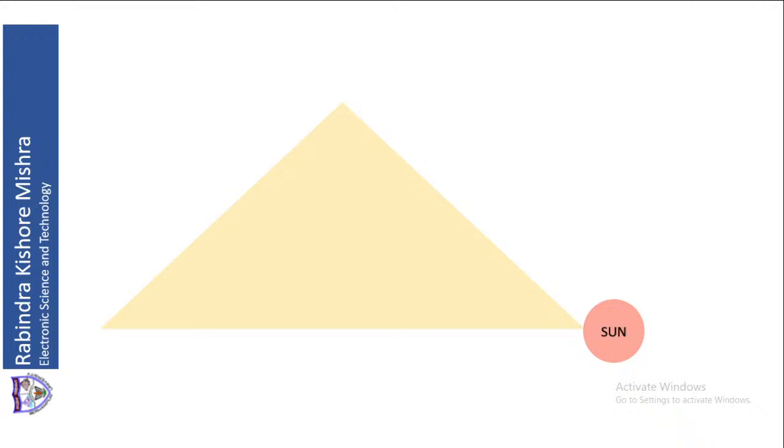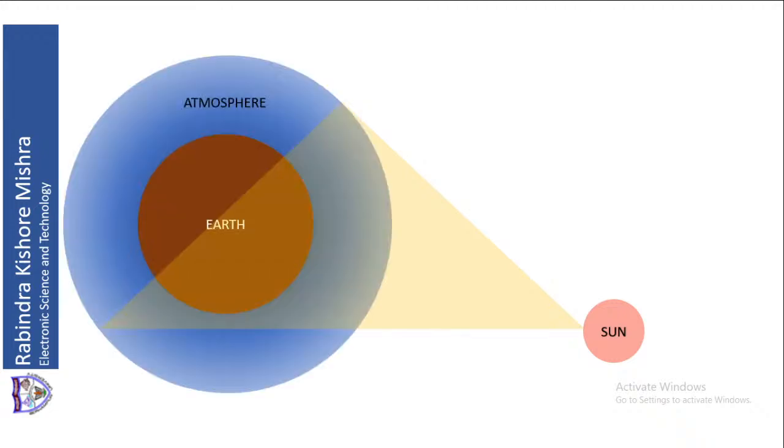So the radiation that is coming towards Earth, let me show you in picture. When it comes towards Earth, it has to pass through the ionosphere, which is surrounding the atmosphere which is surrounding the Earth, then it will reach the Earth's surface.